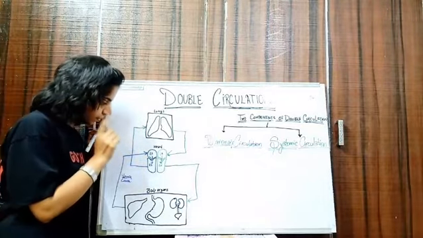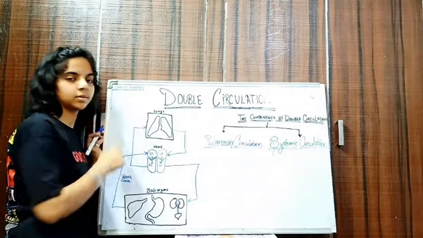Rather, it is the pulmonary artery that carries deoxygenated blood from the right ventricle to the lungs.